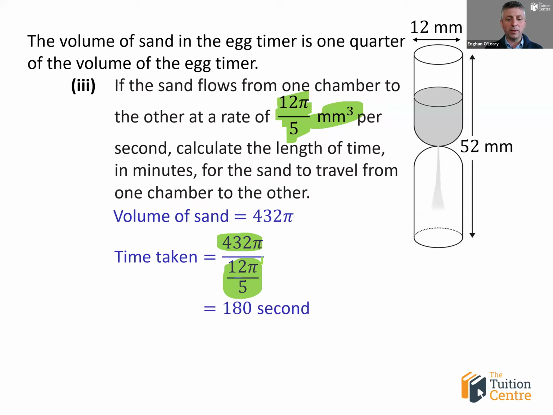When you divide one by the other, you're going to get 180. Well, we get 180 seconds, but we just have to be careful because it says minutes. So we've got to get our answer in the correct unit. So it's going to be 3 minutes.